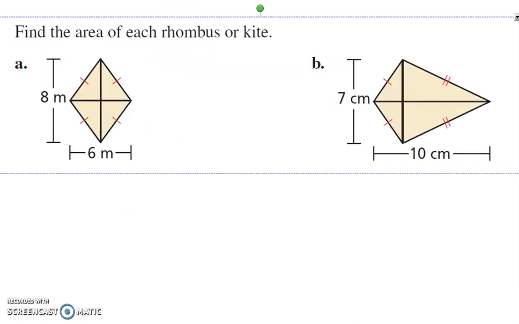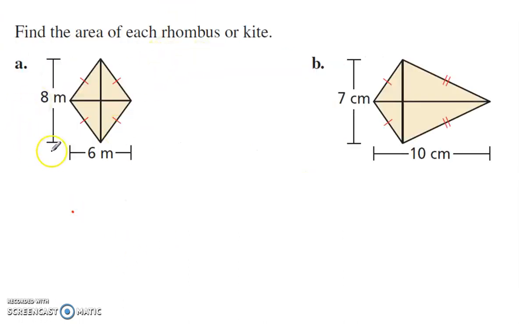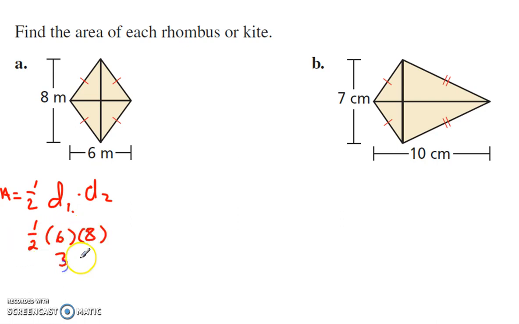Alright, here we go. Find the area of each rhombus. Okay, area equals 1/2 D1 times D2, diagonal 1 times diagonal 2. And so that's 1/2 of 6 times 8. 1/2 of 6 is 3. 3 times 8 is 24.